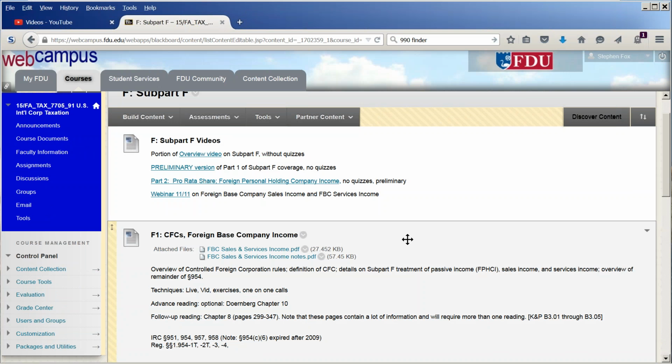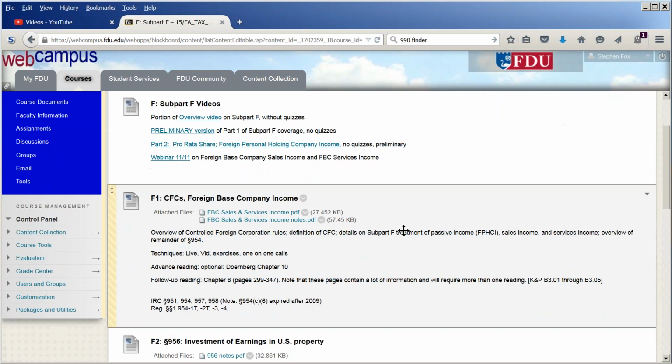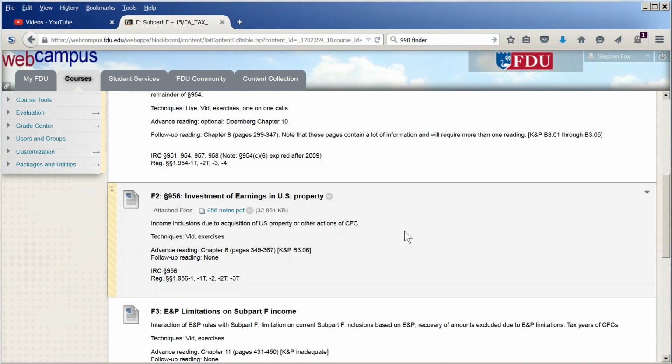The handouts are available for both of those topics. I'm not going to do a complete recap of what Subpart F does, except just a little to get you into the mood for 956. We're covering 956 tonight, and the notes for tonight are available on Web Campus.